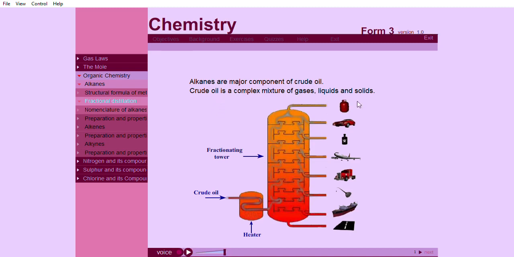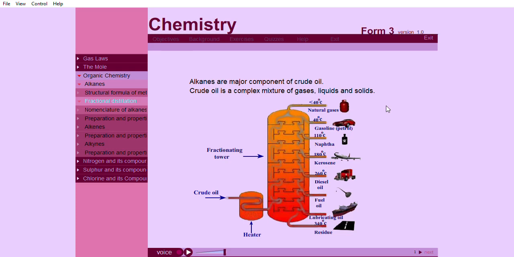Alkanes are a major component of crude oil. Crude oil is a complex mixture of gases, liquids, and solids. It is refined into its components in a process of fractional distillation. This is done in an oil refinery such as the one at Changamwe in Mombasa.